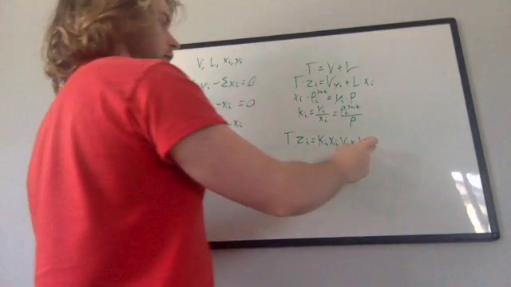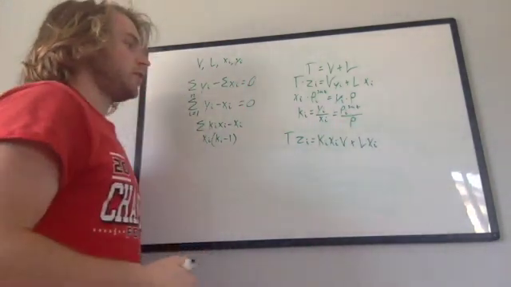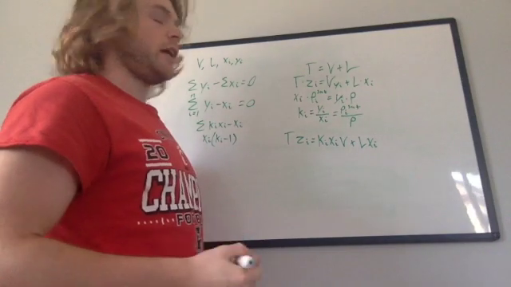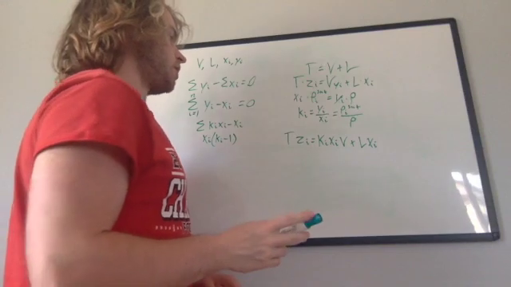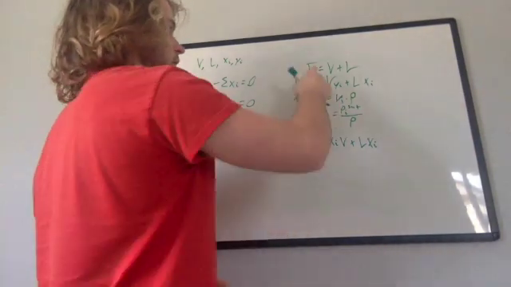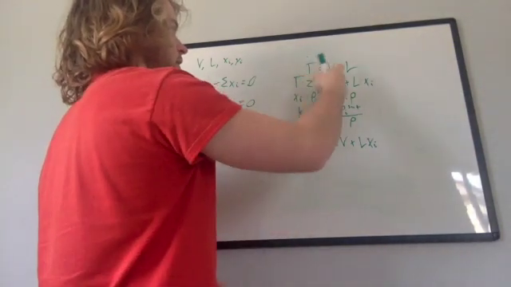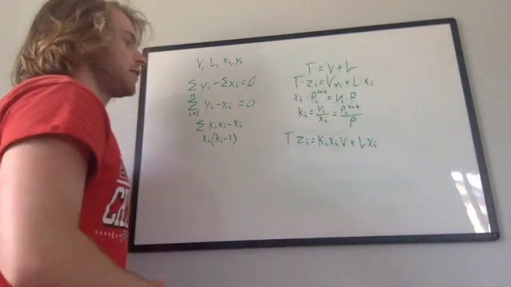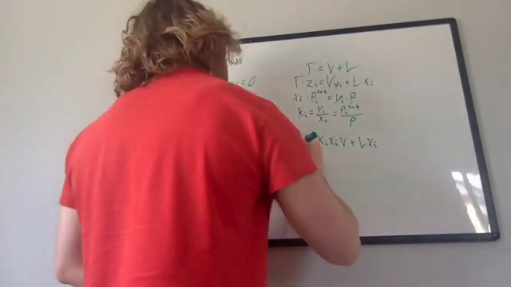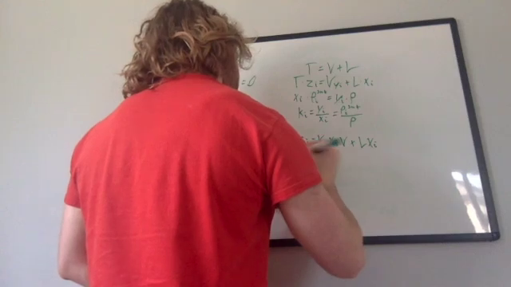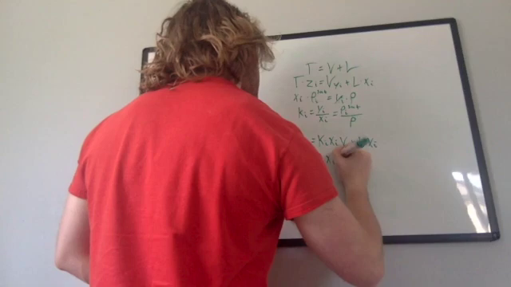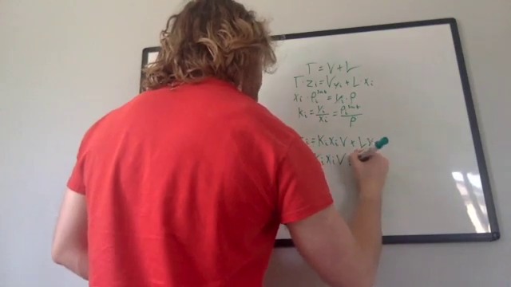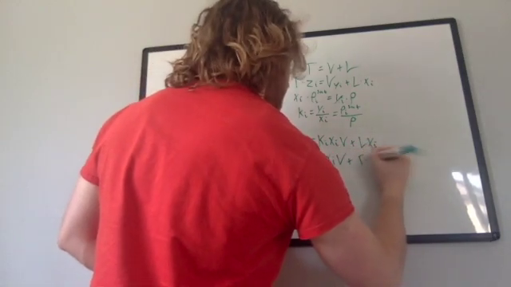Right here, this L is another unknown. We do not know the amount of liquid that is going to be coming out of our system, so we can make another substitution for that. We can subtract v from both sides of t equals v plus L to get L by itself. So we get t zi is equal to ki xi v plus (t minus v) xi.